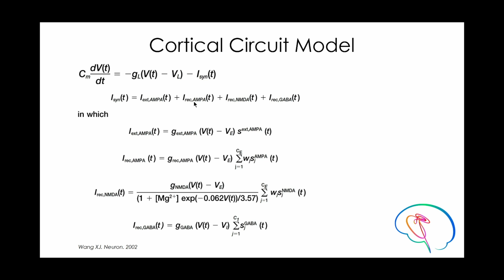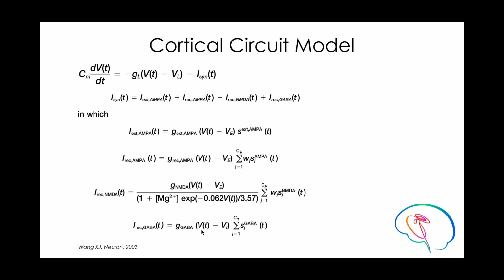But of course, there is also some recurrent AMPA currents from other excitatory neurons projecting to each neuron. There are recurrent NMDA currents, likewise from other excitatory neurons. And there is also GABA currents coming in from the interneurons, right? And you can see the equation for each current.